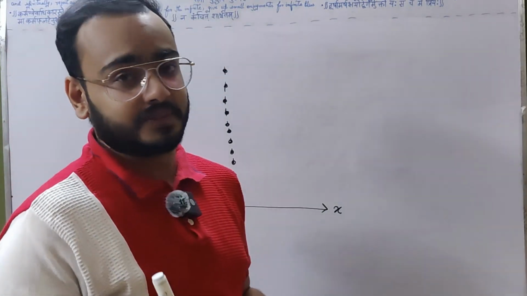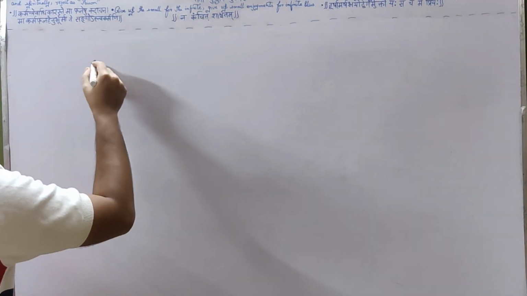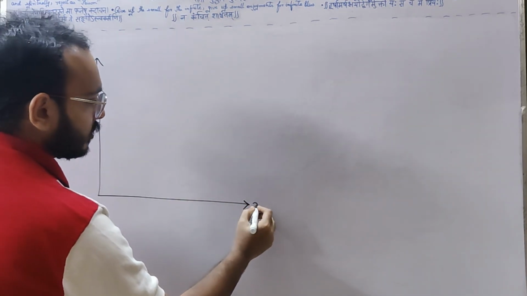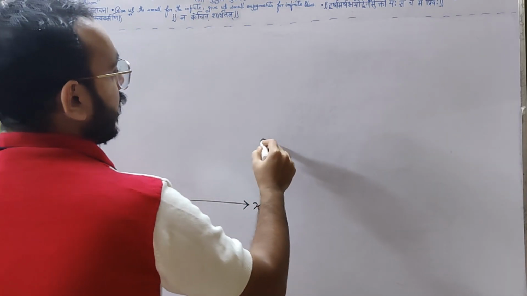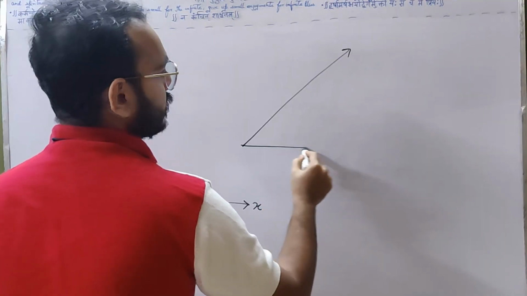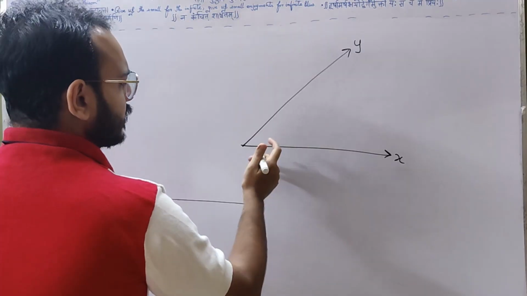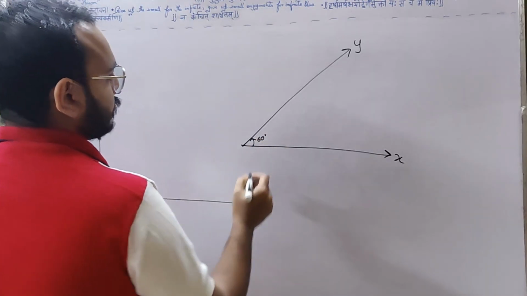Remember, in the last video, I had asked you a question. Now, here I have two sets of different coordinate systems. One is an orthogonal, that is our preferred one, and here I have an oblique set of coordinate system, where the y direction is inclined at an angle of 60 degrees to the x direction.